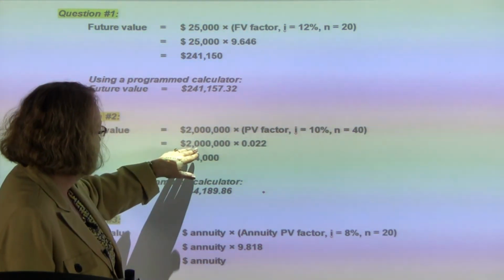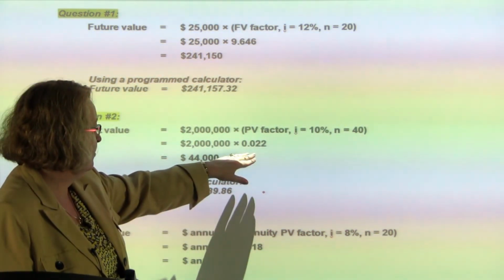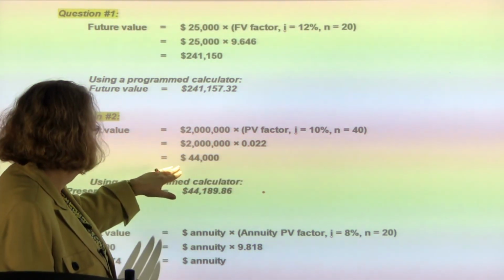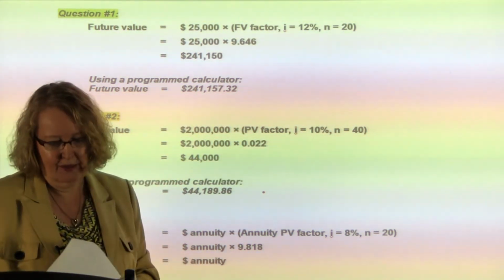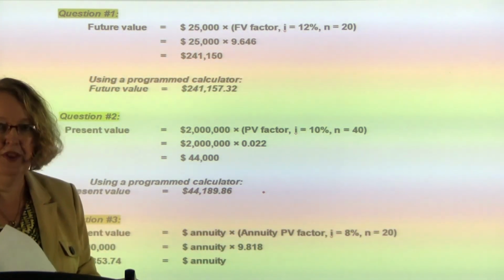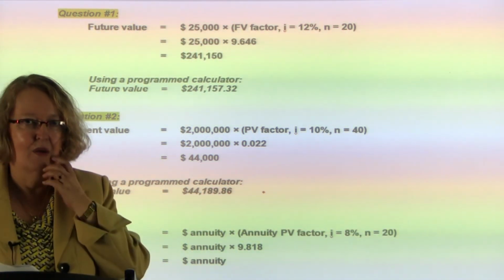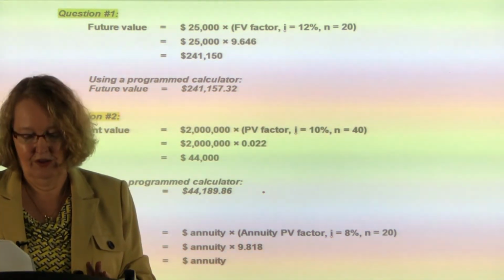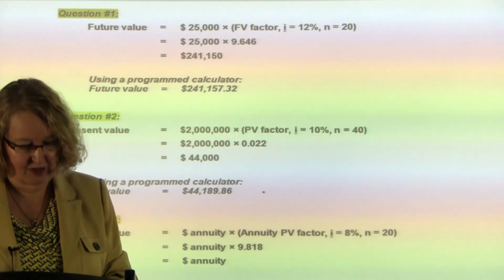So 2 million times 0.022, the factor you're taking from the table, is 44,000. So if you invest 44,000 now, assuming you can get an interest rate of 10% for 40 years, you'll have $2 million in 40 years.